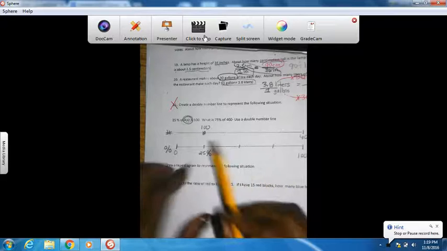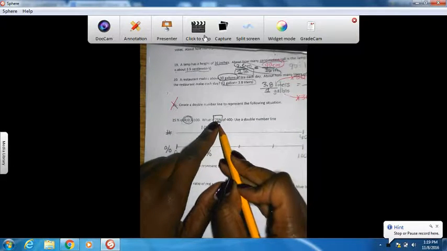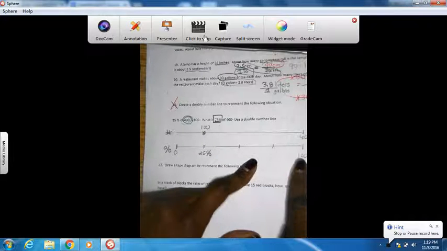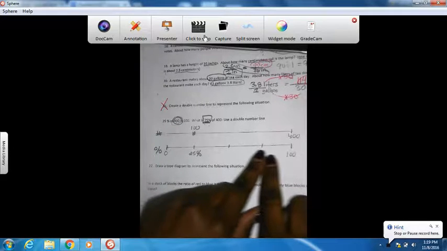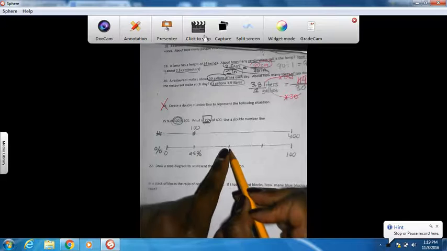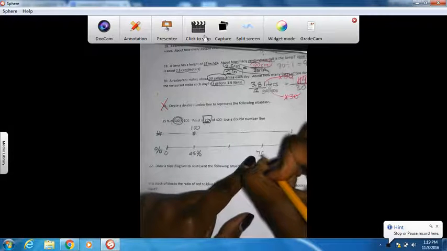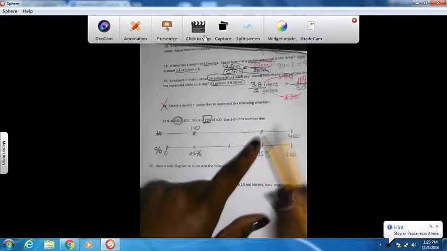But the question is asking, what is 75%? 75% of 400. So let's mark 75% on our number line for percent. So if this is 25, this has to be 50, then this is 75%. So we're looking for this piece.